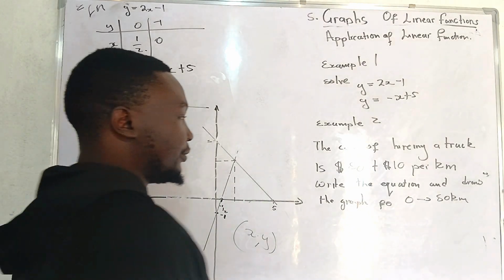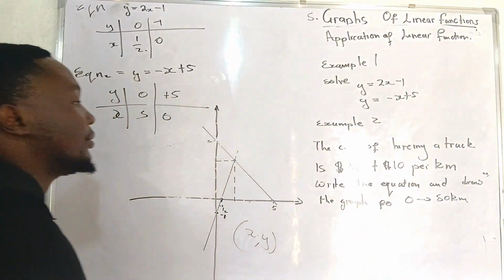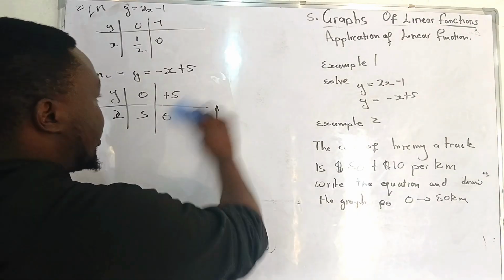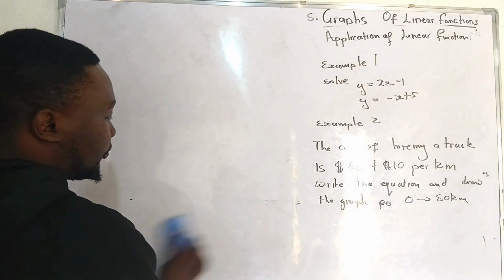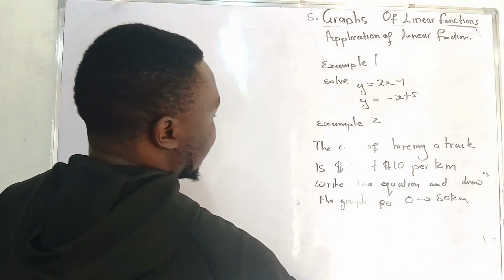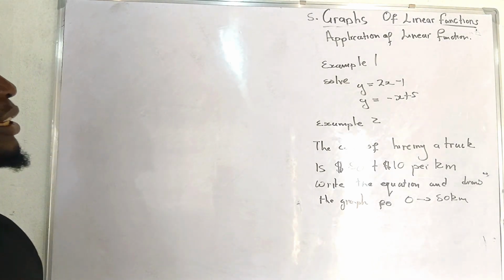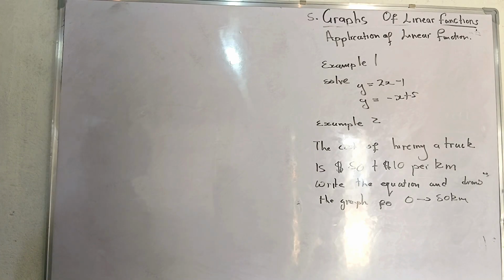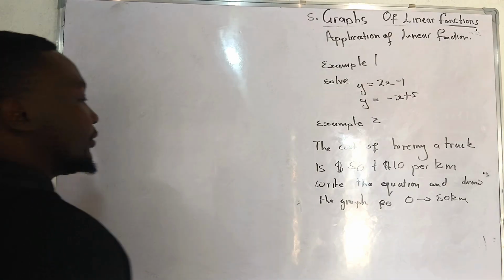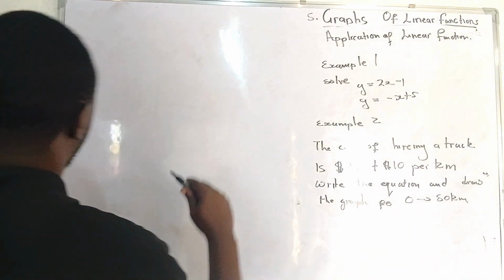So let's move to the next question, example 2. The cost of hiring a truck is $50 plus $10 per kilometer. So the fixed cost is $50.